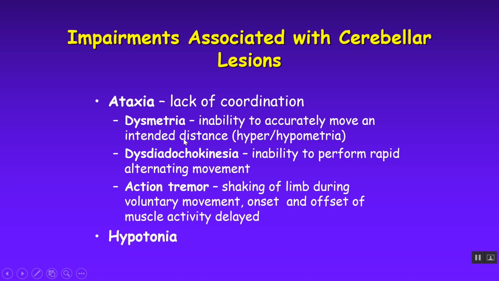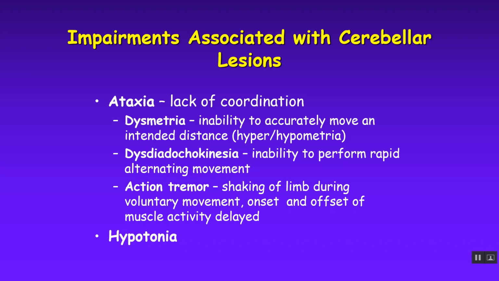Other impairments. This term ataxia is kind of a catch-all term, and there's some other more specific terminology that fits under this whole category of ataxia, which just means lack of coordination. Things like dysmetria. Dysmetria is the inability to accurately move an intended distance. When you have the person do the finger to nose test, they'll often do a couple of things.